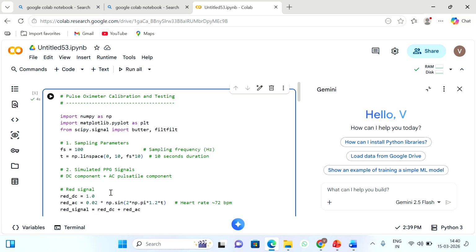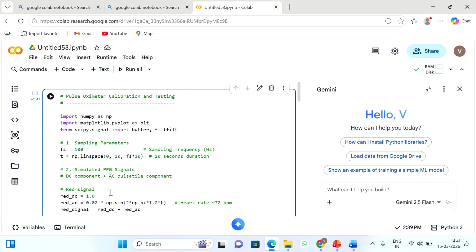Then it computes a ratio of ratios and estimates SpO2 using a calibration equation. So we will get the expected output SpO2 value around 95 to 100. So we are getting 90%, so no problem. And then two PPG waveforms, plot red and infrared.